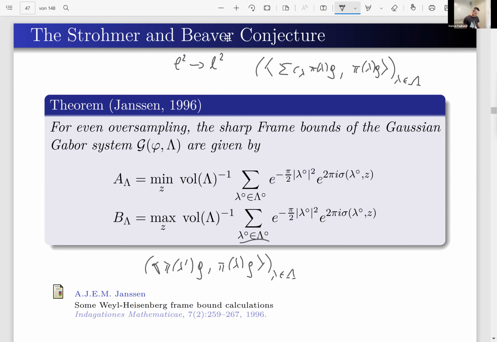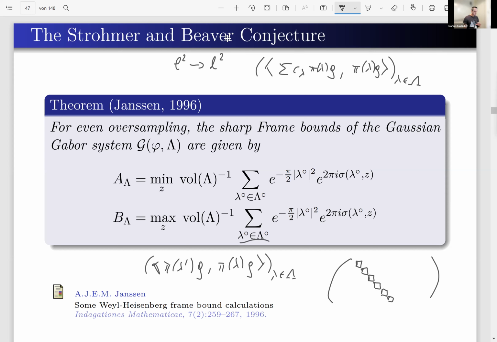What he observed is that this bi-infinite matrix has a Laurent structure. So it's kind of a Toeplitz matrix, which means on the diagonals, it is constant. And then there is the theory about Toeplitz matrices and Laurent operators. If you have such an operator, then you can compute the spectral bounds by building a Fourier series where the coefficients are the entries from one diagonal.